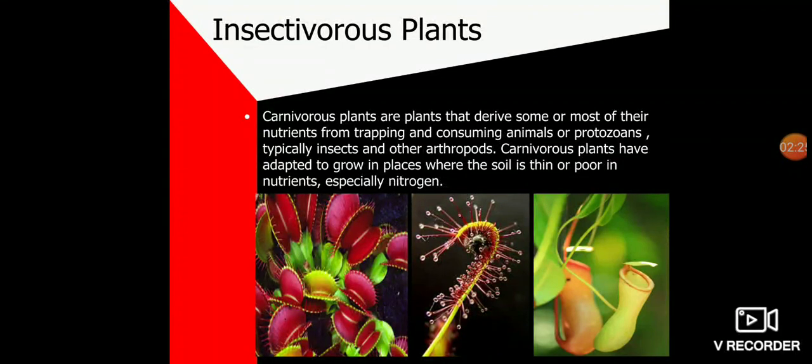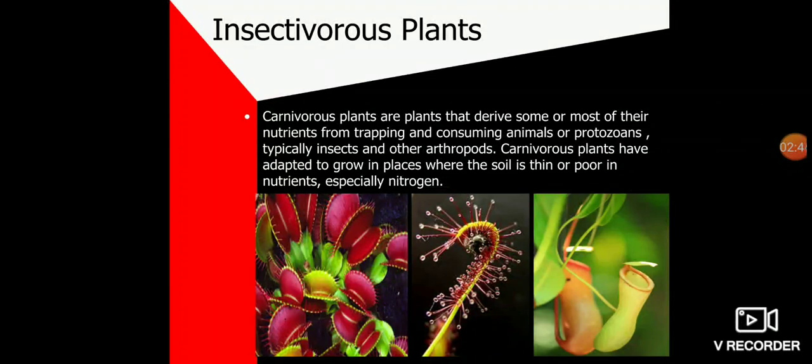These insectivorous plants trap insects by various methods. They kill them, they digest them to obtain nitrogen compounds. Some common examples of the insectivorous plants are pitcher plant, sundew, Venus flytrap, and bladderwort.